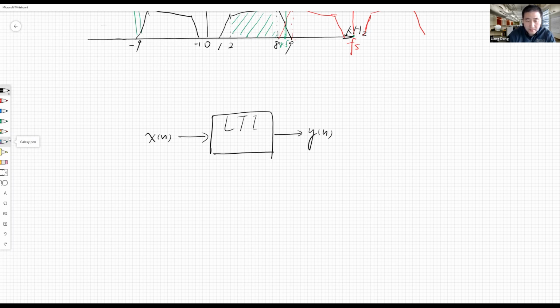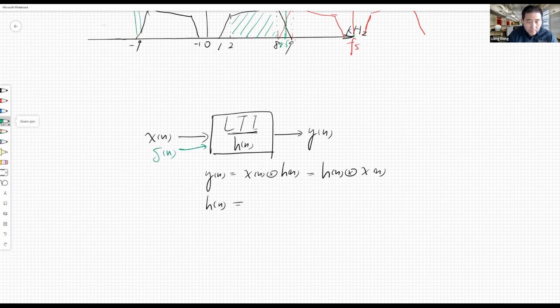And we said the linear time-invariant system uses h[n], the impulse response, to represent it. And because it's linear time-invariant, we have a convolution: x[n] convolved with h[n] equals h[n] convolved with x[n]. h[n] is the impulse response. Therefore, if my input is the delta function, the output is h[n], the response to an impulse.